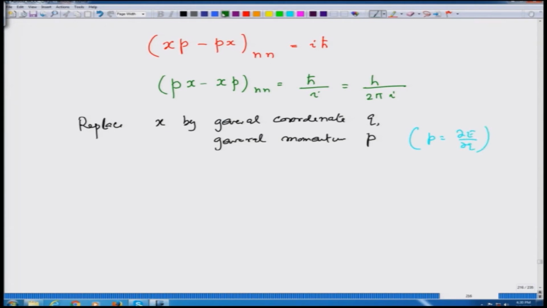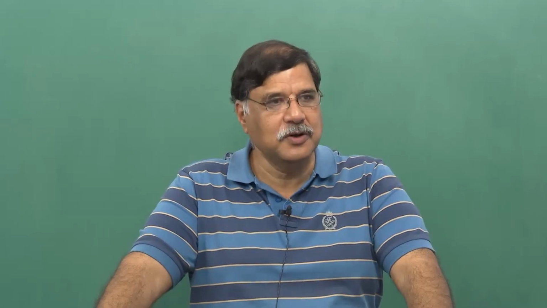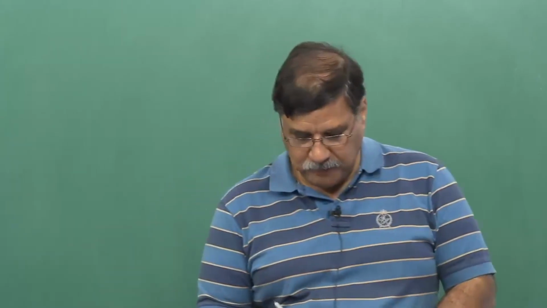We get the condition to be (pq minus qp)nn equals i h cross. So, the diagonal element of pq minus qp is i h cross, it is a constant. What about off diagonal elements?